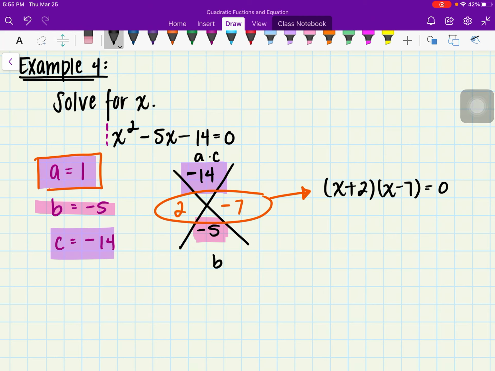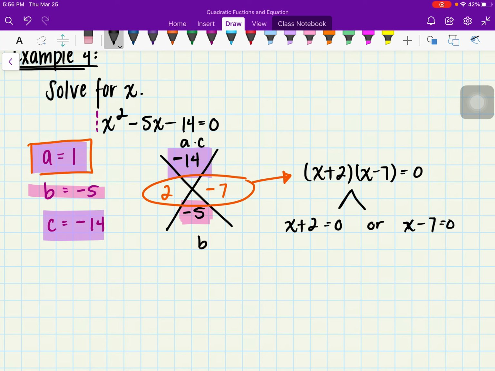Now we still need to work our way to solve for x. In order for us to solve for x, we're going to go ahead and make each of the equations equal to 0. So I'm going to go ahead and break that apart. We have x plus 2 equal to 0, or we have x minus 7 equal to 0.